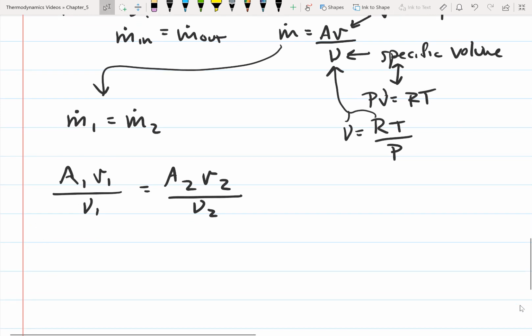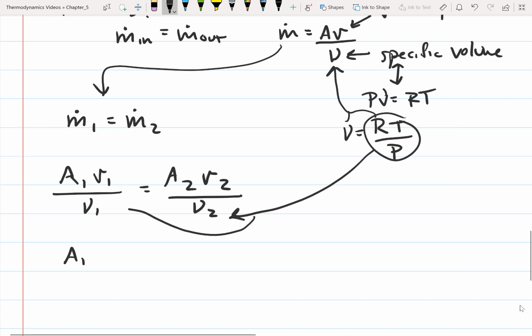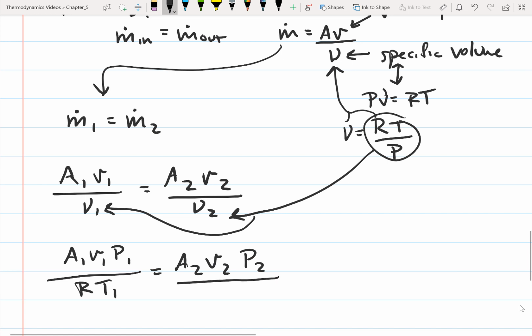Now let's replace the specific volumes with the ideal gas relation. So basically I'm taking this and replacing both of these with the RT over P. So we have A1 V1 P1 over RT1 is equal to A2 V2 P2 over RT2.